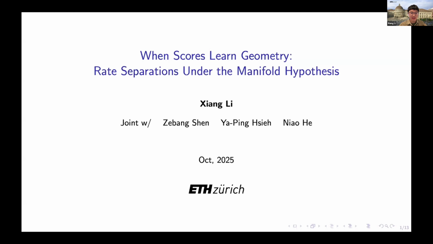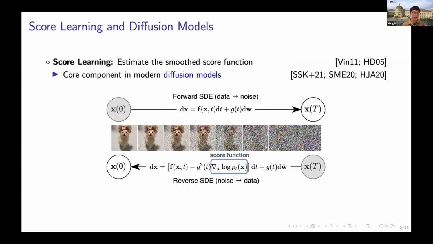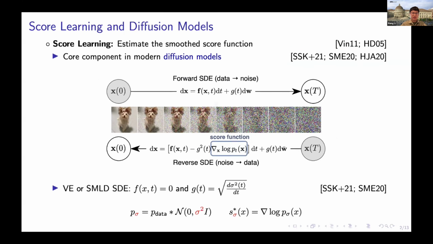Okay, so we consider score learning, a core component in diffusion models. I guess many in the audience are very familiar with this diffusion model formulation. Here is the image from Yang Song's SDE perspective of diffusion models. Specifically, P data is the data distribution at time zero, the distribution where your data lies, for example image data.